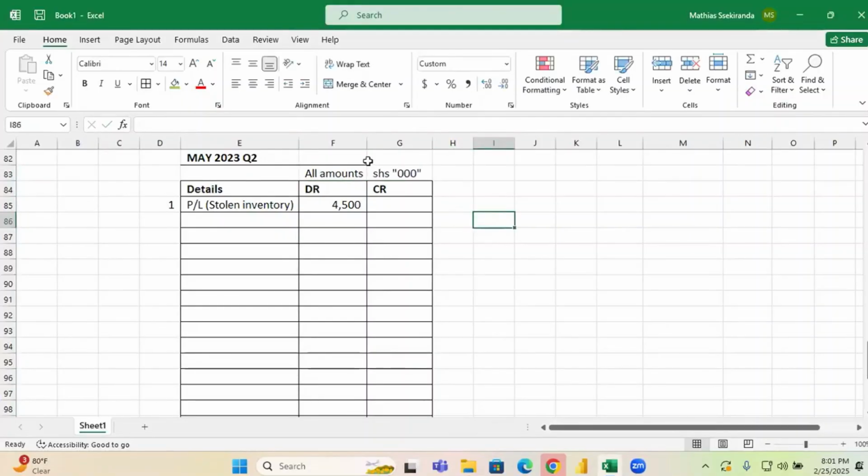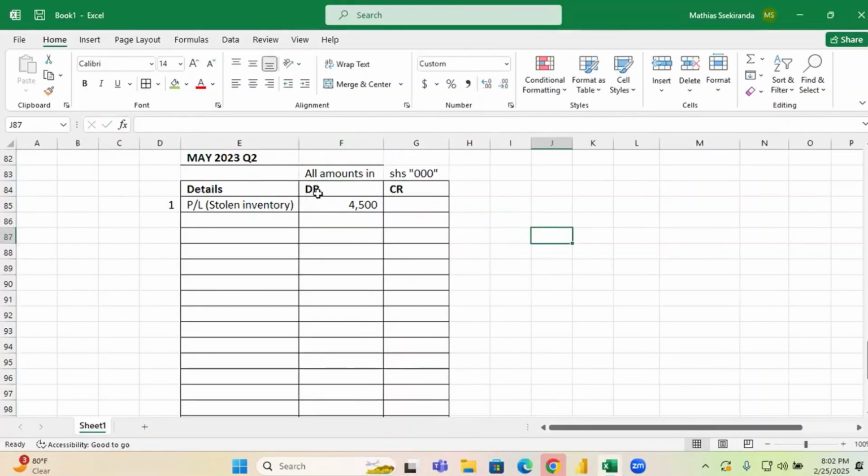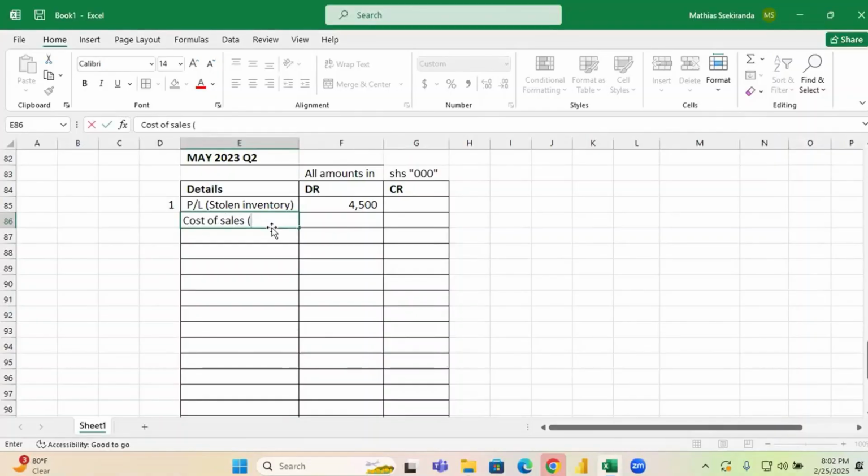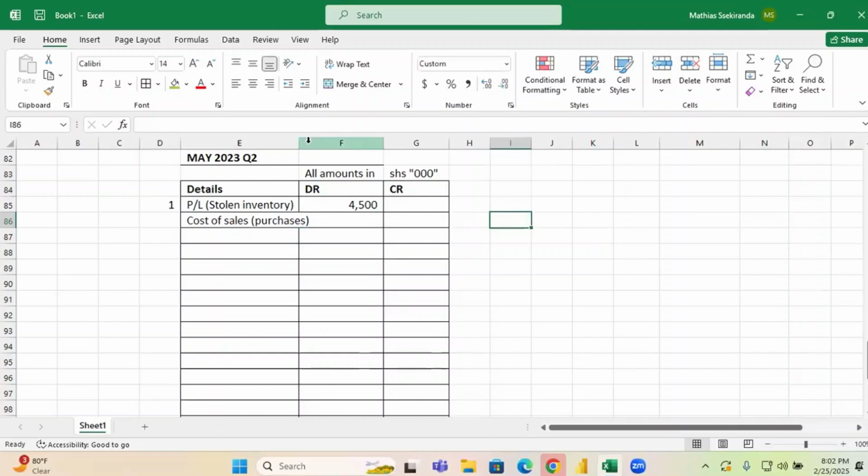So we have 4.5. Then we credit cost of sales. You remember, stolen goods are normally listed under cost of sales. Or to be particular, you can say you credit purchases, because we list them under purchases in the cost of sales.